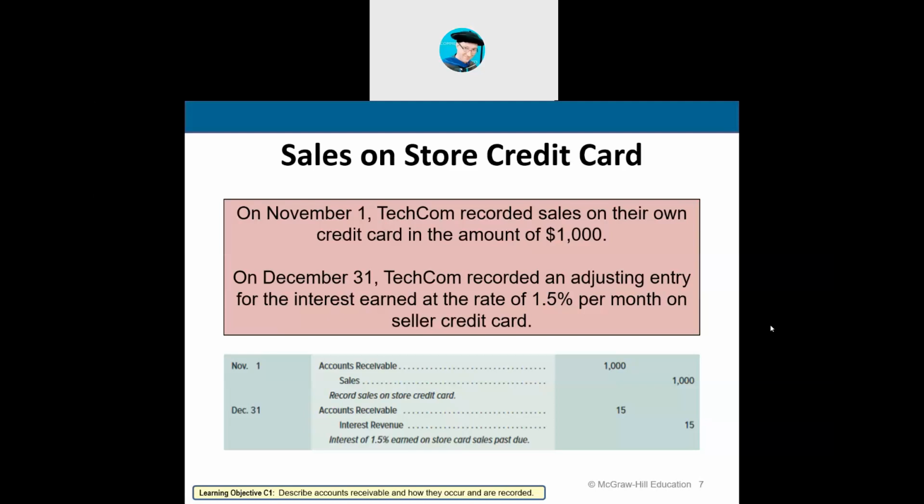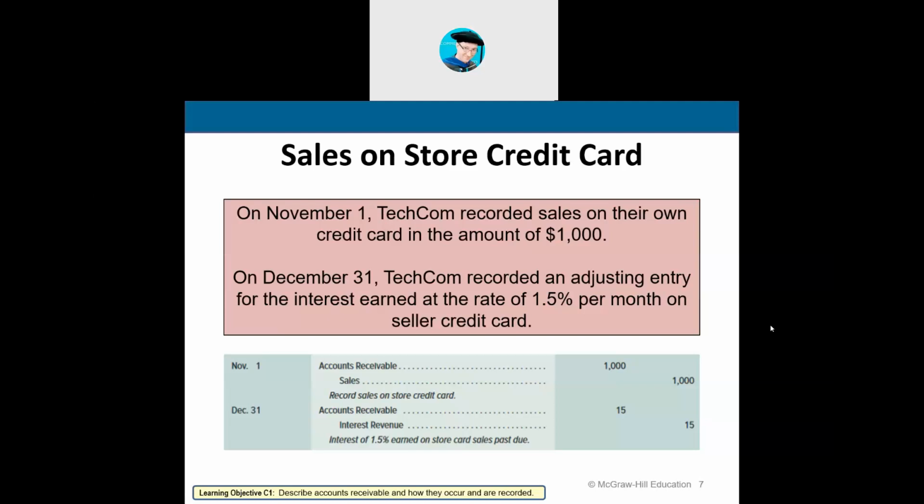On December 31st, we charge that customer interest on the remaining balance. In this case, 1.5% per month on the seller's credit card.